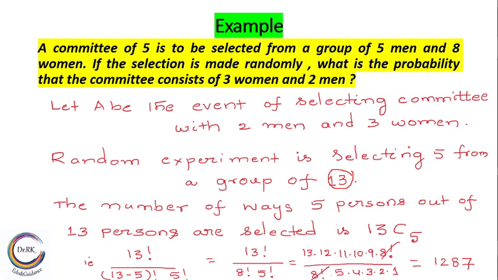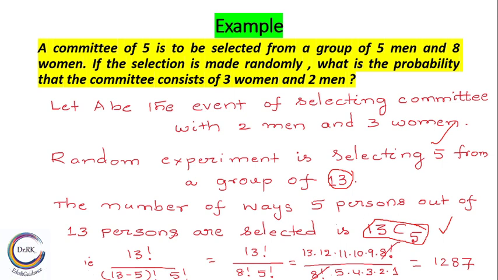So how many ways can we select this? Out of 13, we are going to select 5 people, so 13C5. These are the entries we are going to have in the sample space. Clear? So out of 13, we are selecting 5, which can be done in 13C5 ways.